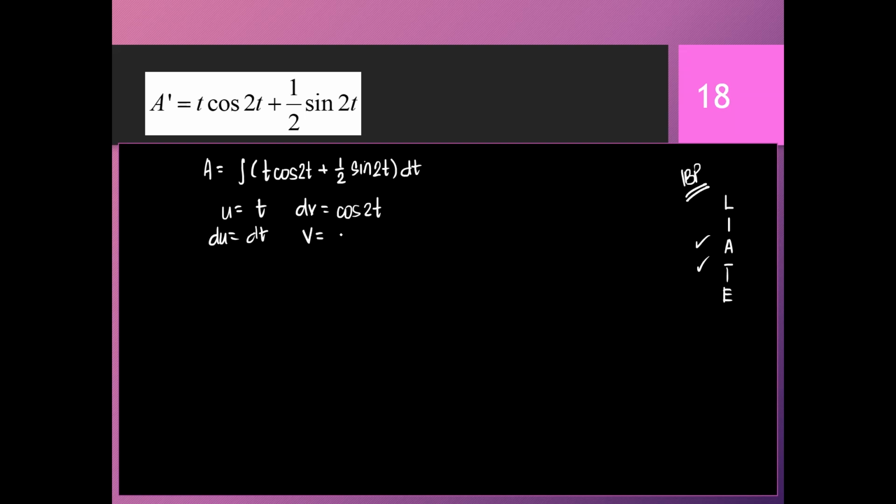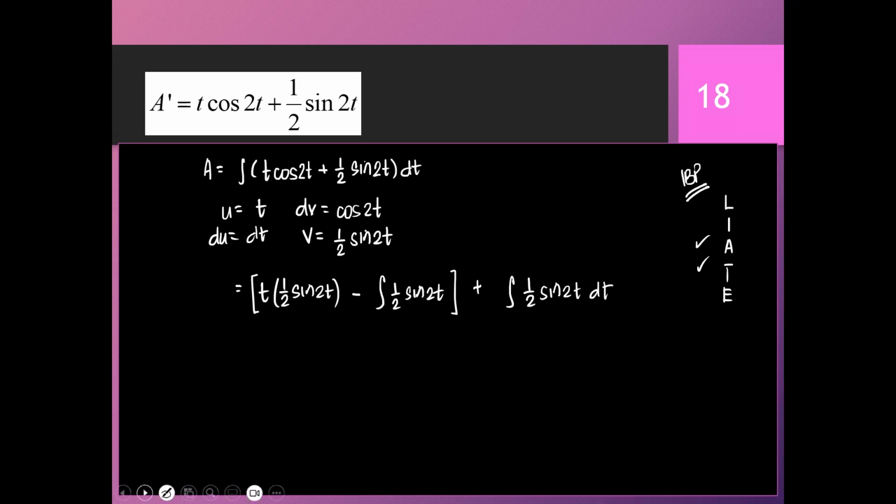The v is basically 1 half sine of 2t. So for the first one, uv minus the integral of v du. This is the first term. Eh di ba may plus tayo na integral of 1/2 sine 2t dt.